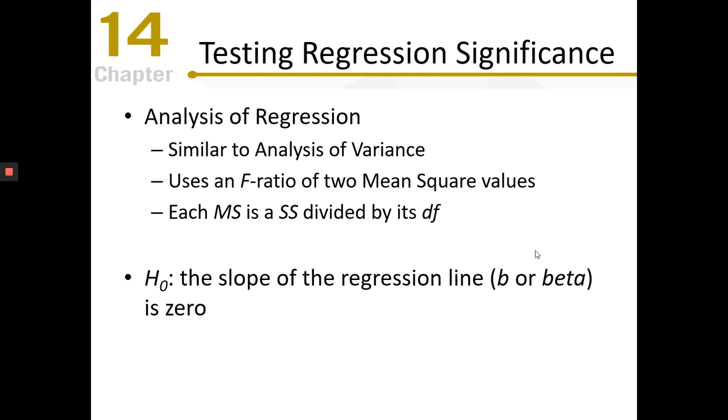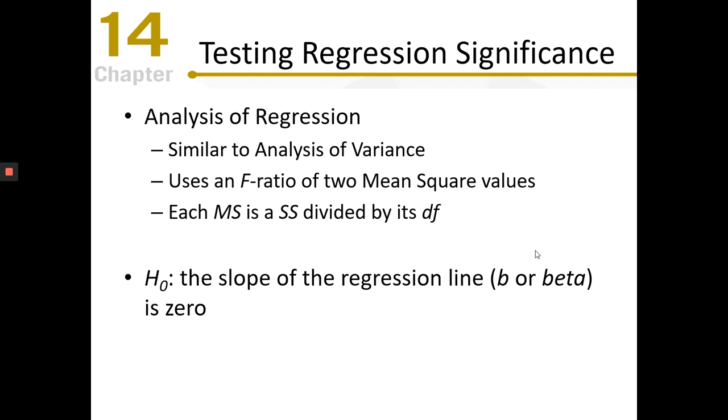So basically, you can test the regression significance. When you do the regression, it will give you a significance. It's very similar to the ANOVA thing. All I'll say is it's testing the slope of the regression line, and the H0 is that the slope is 0. Basically, it does a two-tail, which doesn't really matter much in this case.